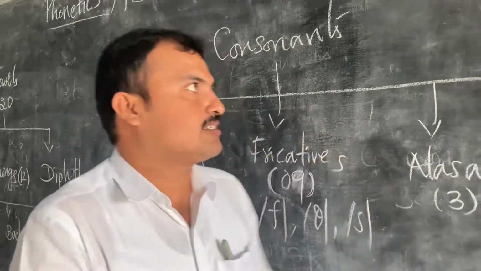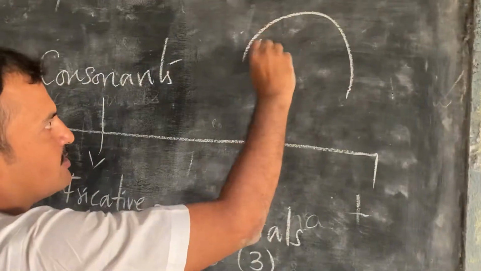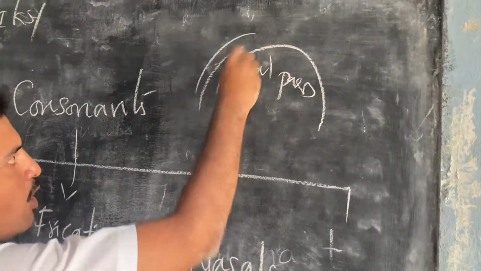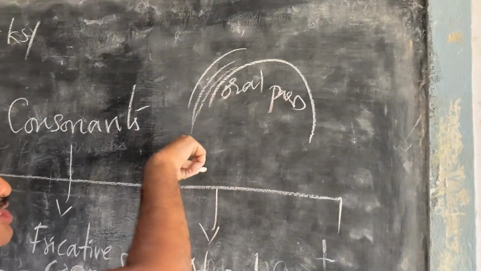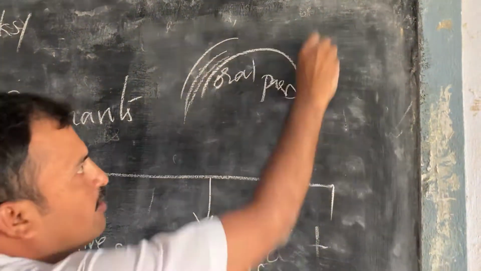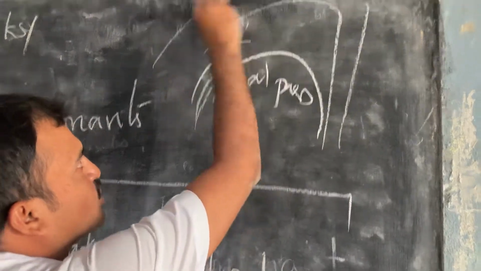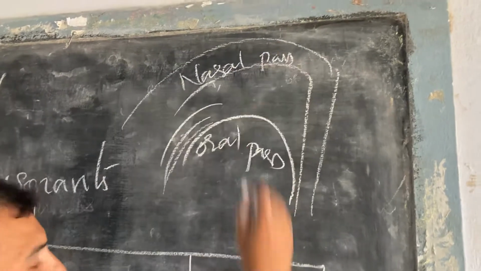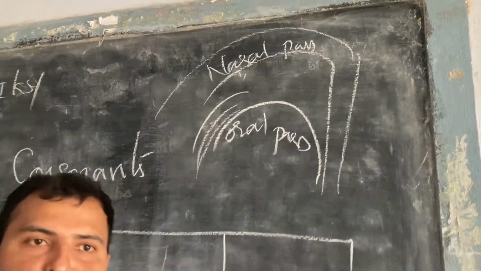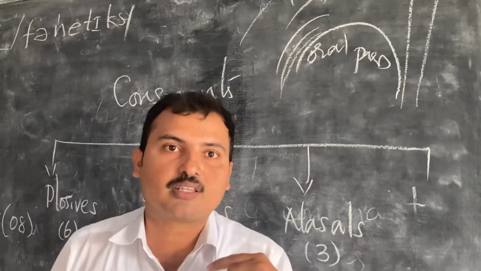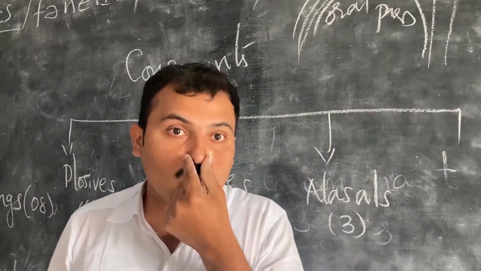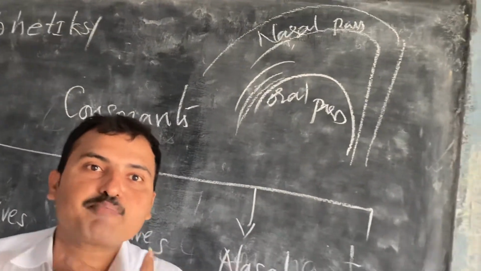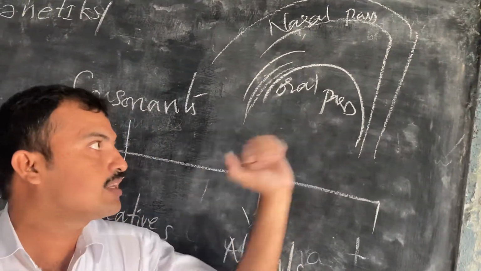One is the oral passage, which is the mouth, and another is the nasal passage. The sounds that are produced through the nostrils are called nasal sounds. The sounds that are produced through the mouth are called oral sounds.